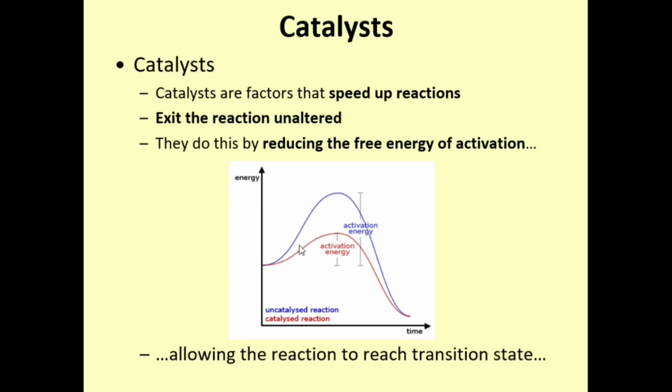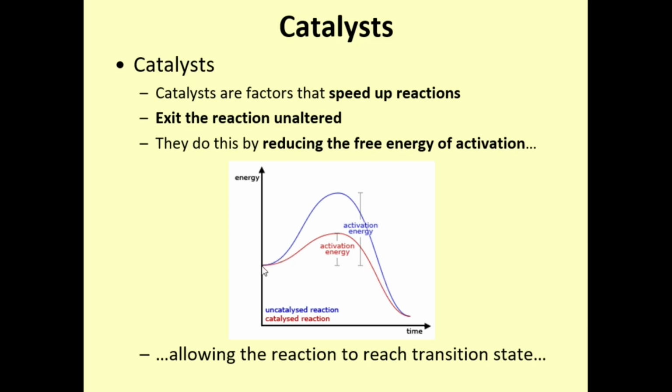So instead, what we need is to reduce the amount of energy that is required for those reactants to reach the transition state, so the chemical reactions can occur with a lower amount of energy. So basically, we're lowering or reducing this activation energy barrier, and that is where catalysts come into it. Catalysts. So we can start looking at this red line now, this second line, showing a catalyzed reaction.